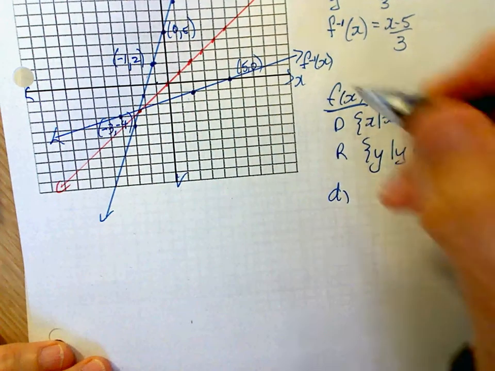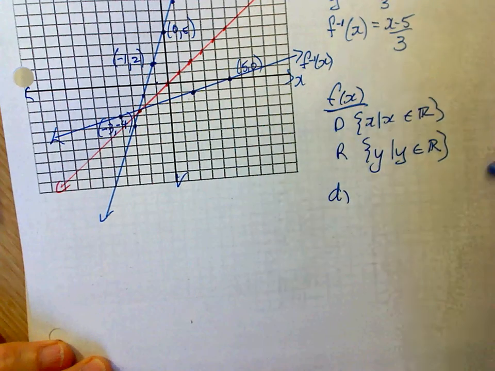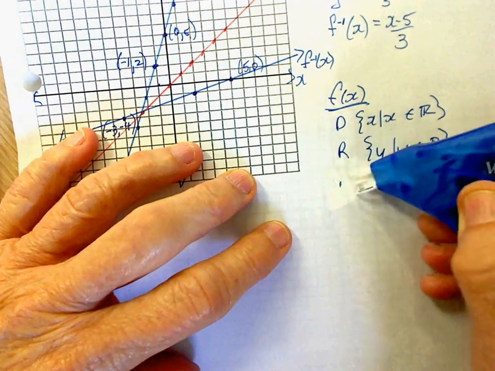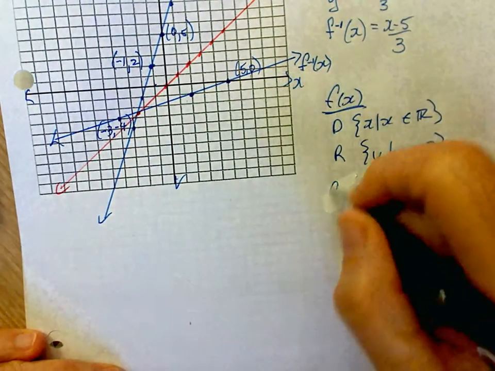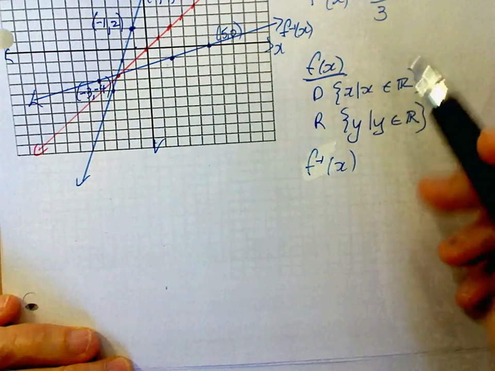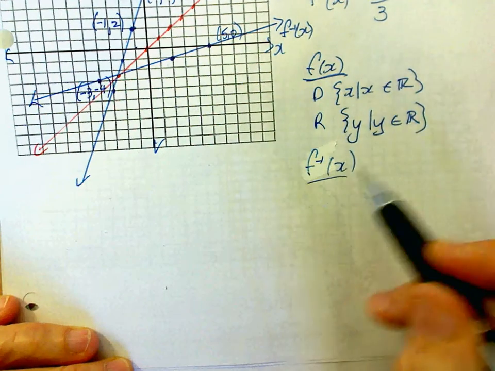Oh, sorry, I forgot to do the domain and range of the inverse. So let's do that right now. It just so happens the domain becomes the range of our inverse, and they're going to be the same thing.